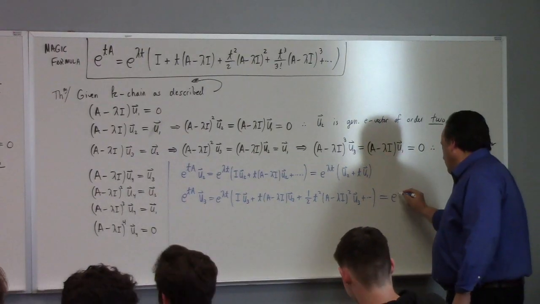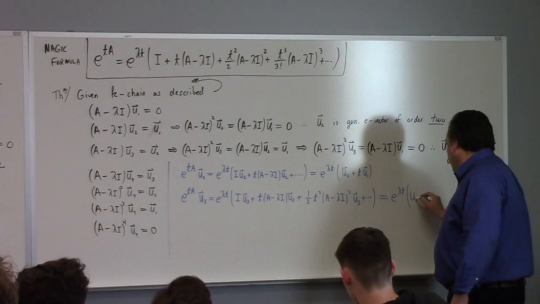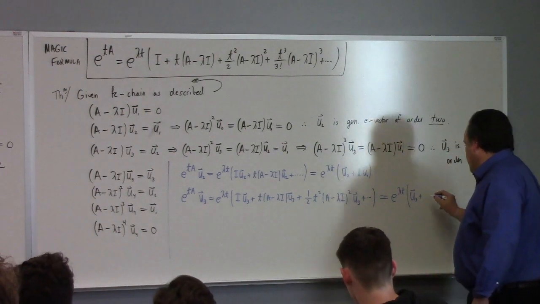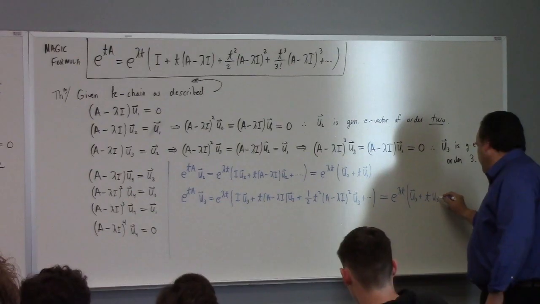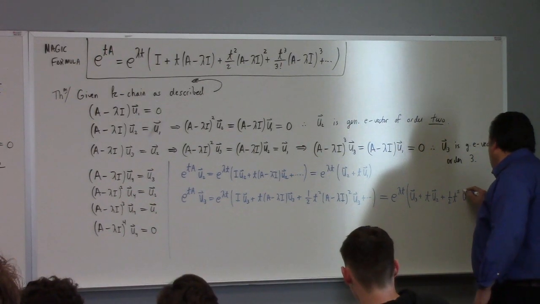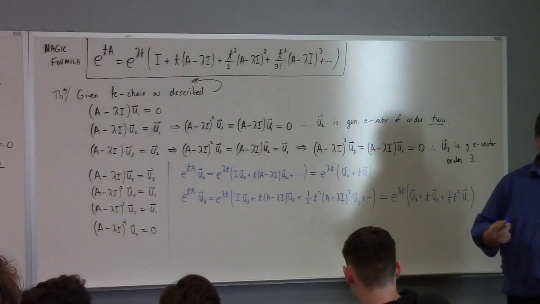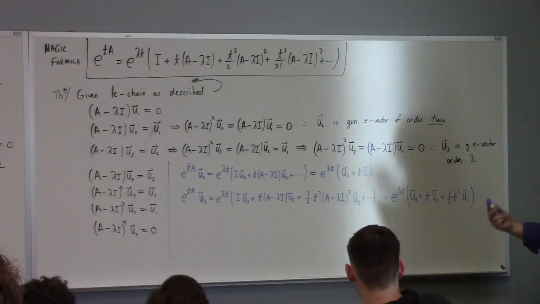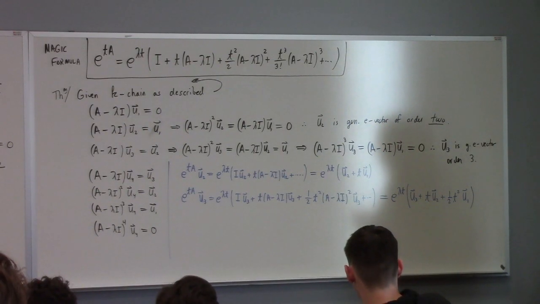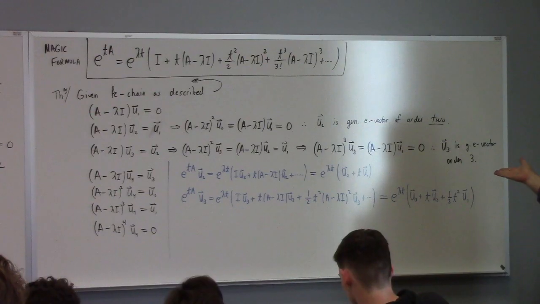And so what that gives me is e to the lambda t times (u3 plus t times u2 plus 1/2 t squared times u1). And so this is how we get multiplication by t or t squared in our solutions for systems. They're coming from generalized eigenvectors, right? Order 2 gives you a t, order 3 gives you a t squared.